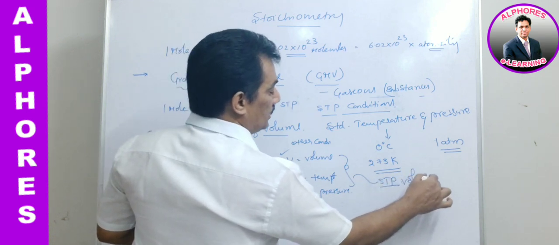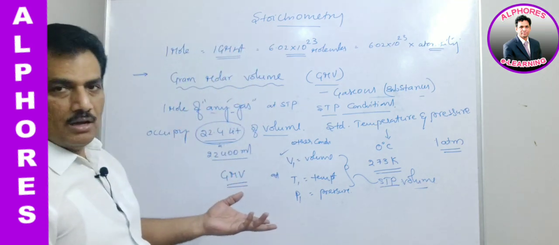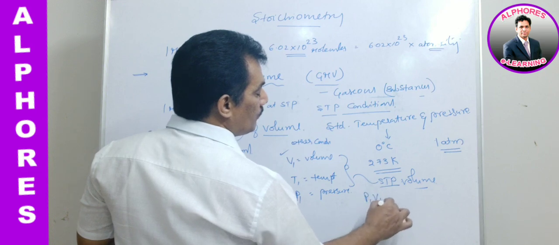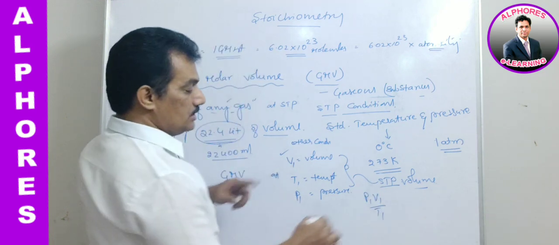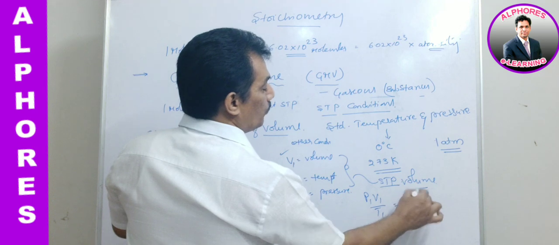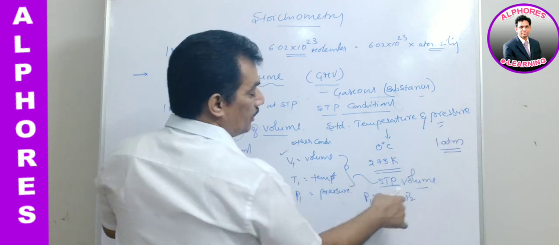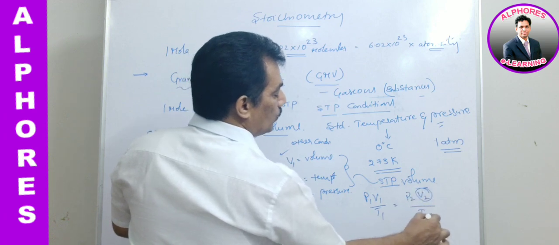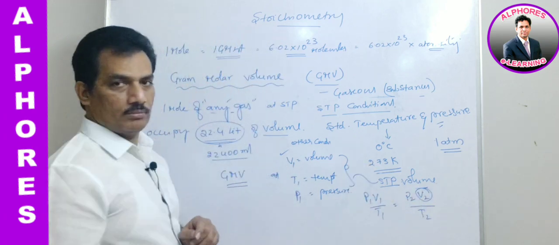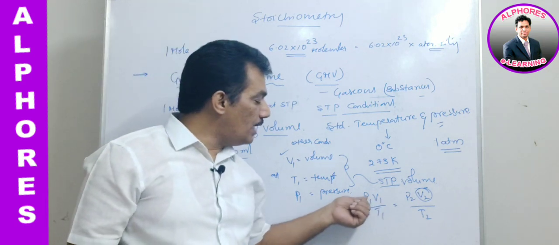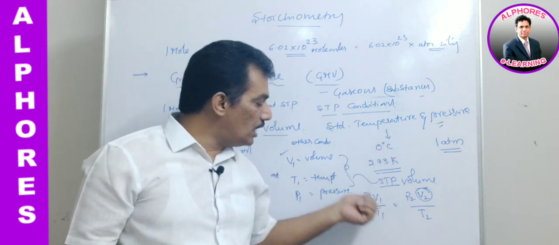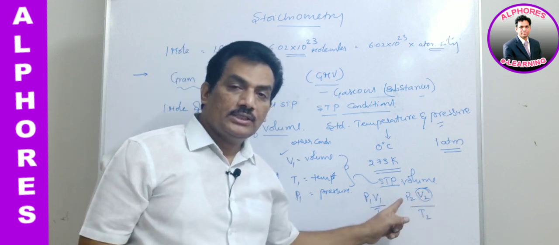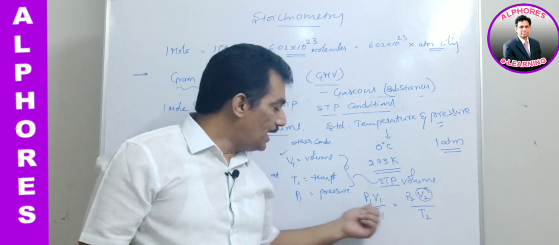How to measure it? It is from the gaseous state of matter, by following the ideal gas equation: P1 V1 by T1, the given conditions, is equal to P2 V2 by T2. P2 is the standard pressure, V2 is what we require, and T2 is the standard temperature. So when they give the volume at other than standard temperature and pressure, we can find the volume at STP by this relation.